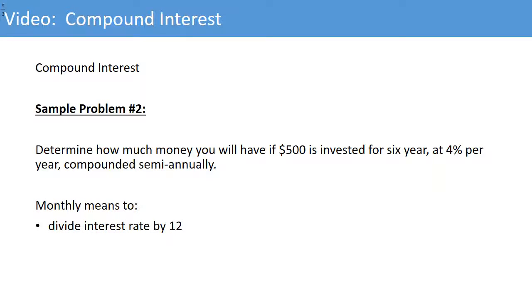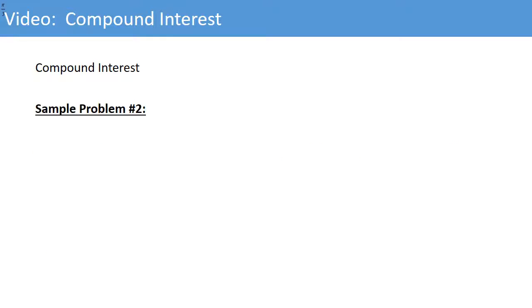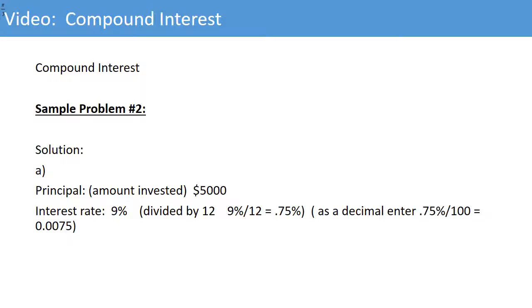Monthly means to divide the interest rate by 12 and multiply the term by 12. So, the principal amount we leave. The interest rate we divide, 9% by 12, and we get 0.75%, divide by 100 and we get the decimal 0.0075.